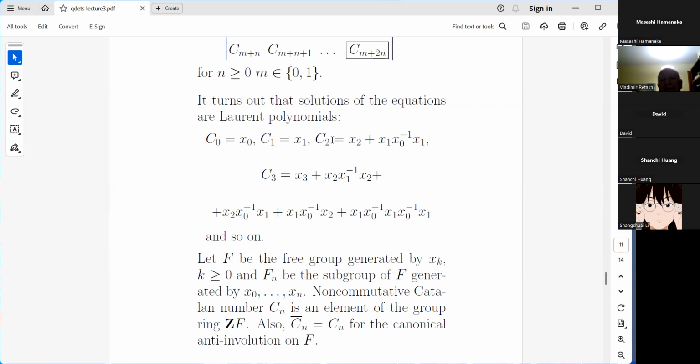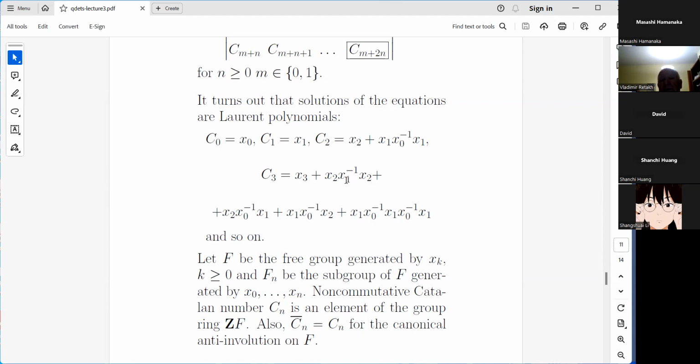So C2 has 2 terms, C3 has 5 terms. Also, what is interesting is that if you read those monomials from the right, you have exactly the same expression.